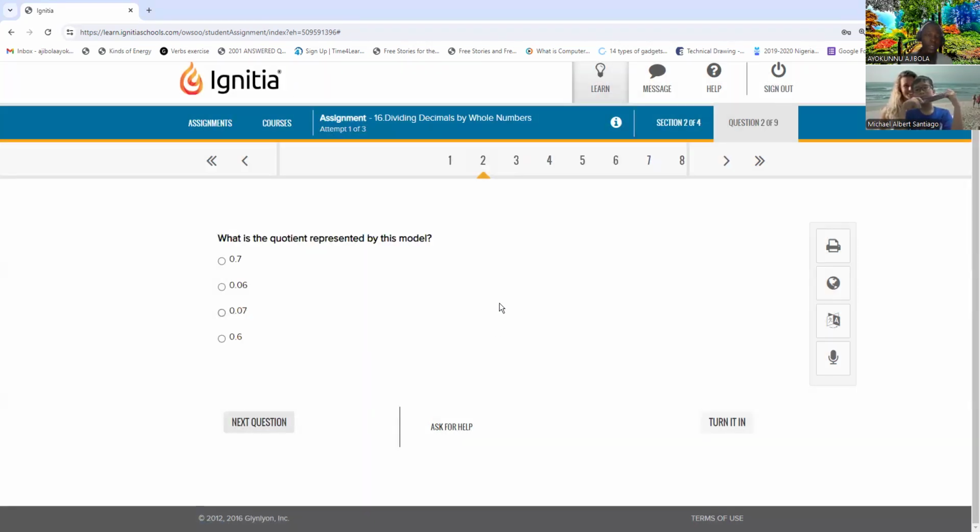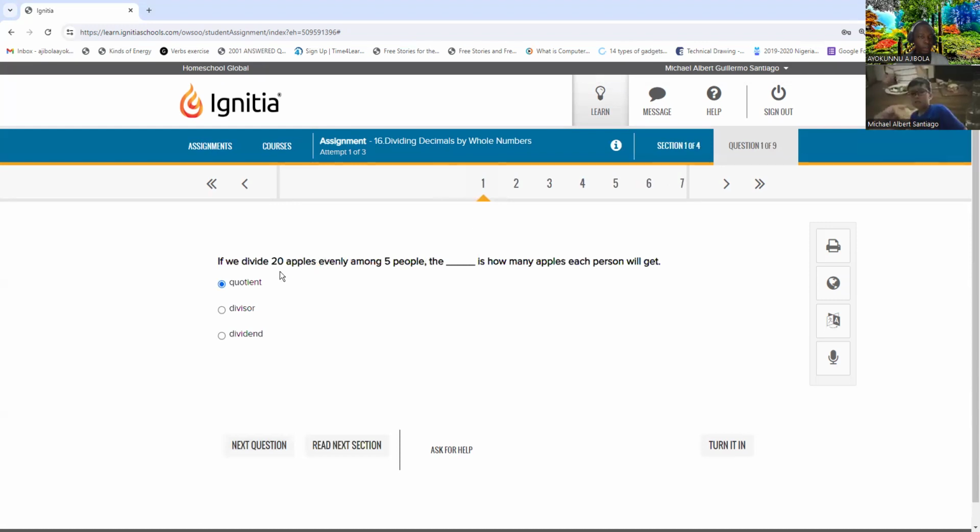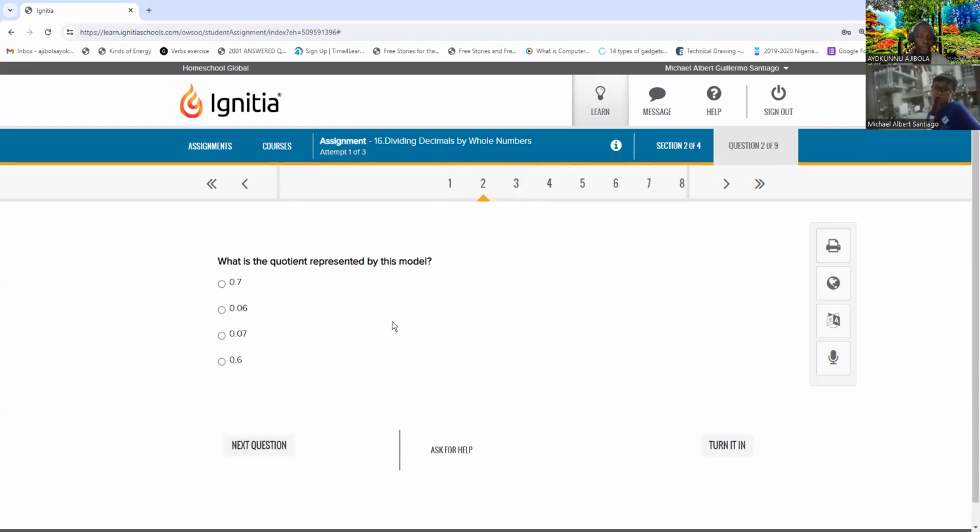So the next question, get ready. It says, what is the quotient represented by this model? The main thing is which model? We just answered 20 divided by 5, that's 4, but that's actually not this. So there is no model here.